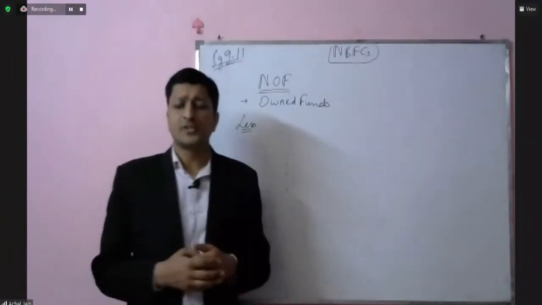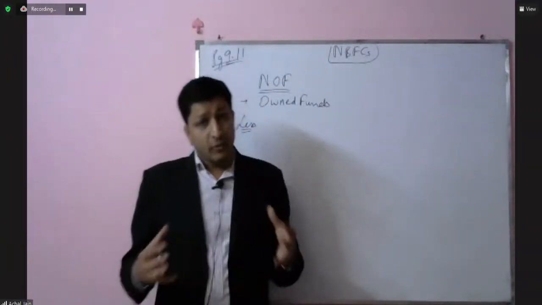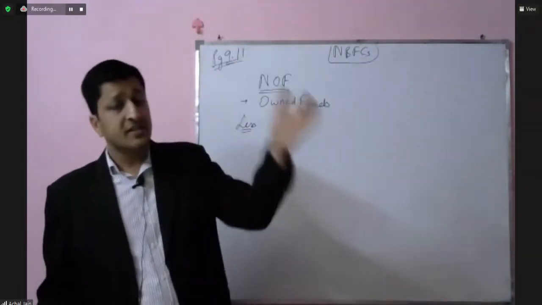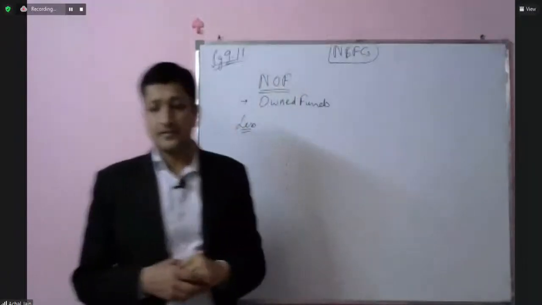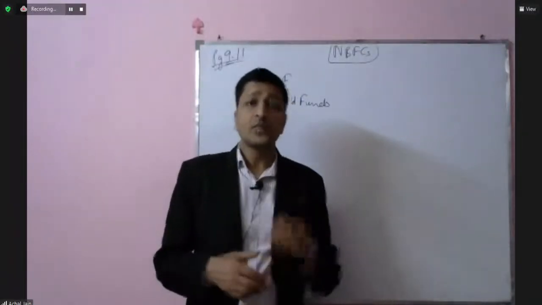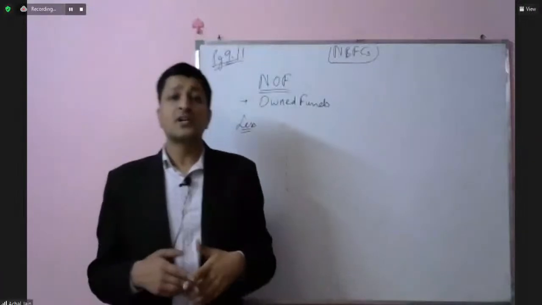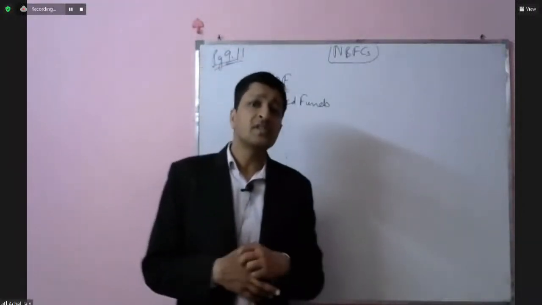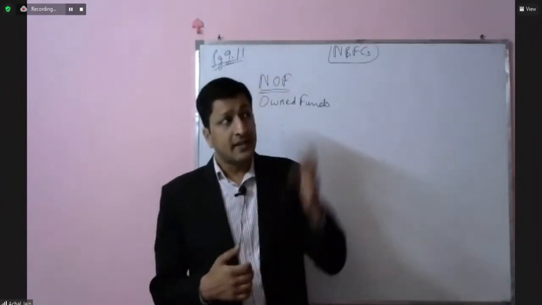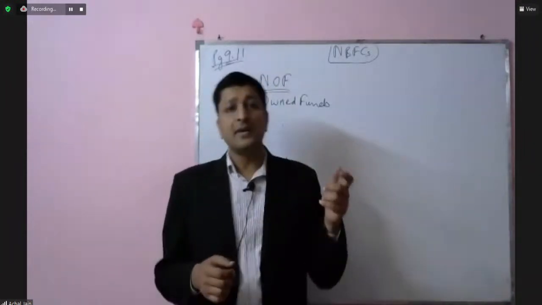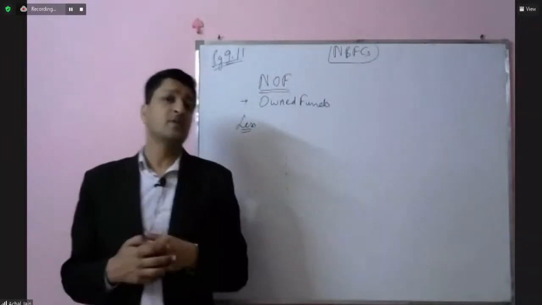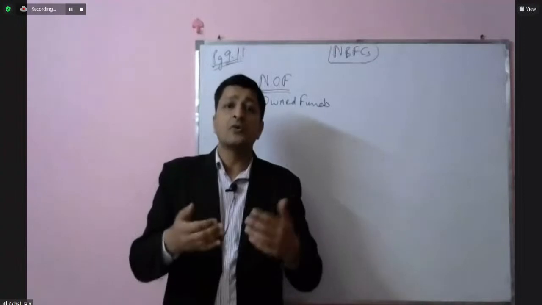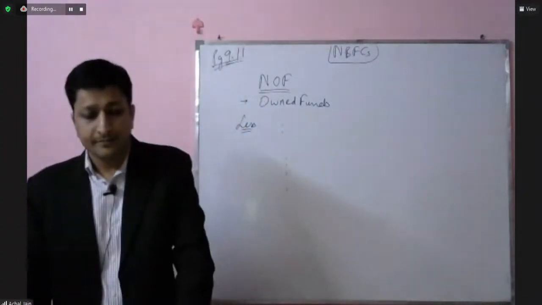This is because of two reasons. One, when you link these two, your revision time will go down because you can say, okay, it's the same thing which we discussed in case of banks. Secondly, if you link, you will also understand the differences between these two. Because in the exam, this may become a confusion that in case of a bank, this item was eliminated, but in case of an NBFC, this item is not eliminated. The remaining items are all the same. So that's how you should try to look into it.